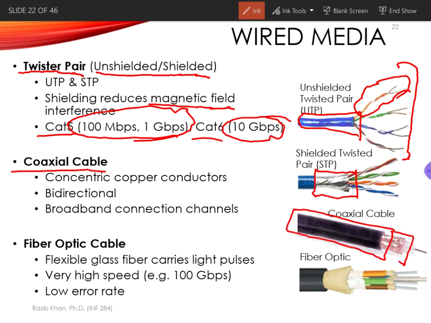However, the cable has a form of wire mesh around a single wire which passes through the center of the cable. Coaxial cable allows us bidirectional communication, so it has popularity for providing broadband connection channels.